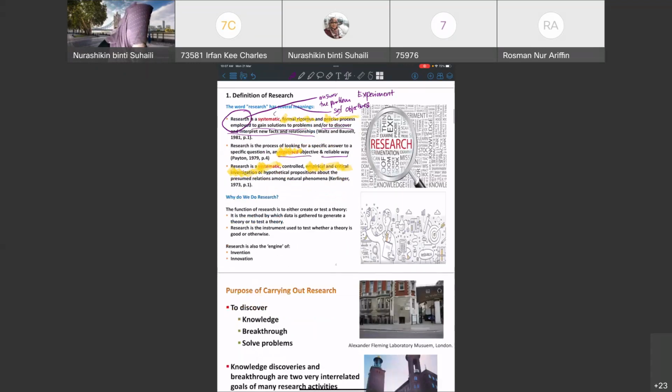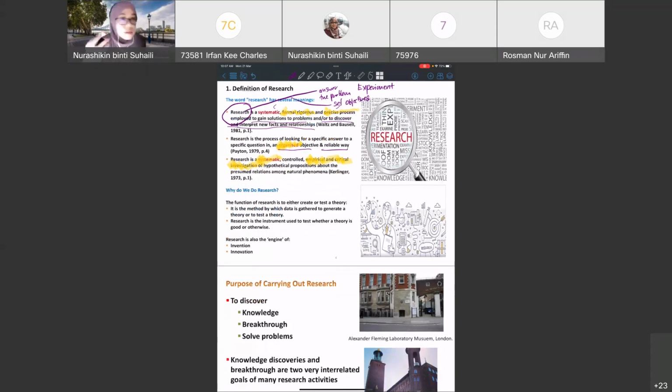Okay, why do we do research? Of course, we want to generate theory, to test a theory, to generate more knowledge. Okay, kalau tak ada research, tak ada new information kan. Kalau let's say orang tak buat research pasal vaccine, so we do not know how to create vaccine. I mean, it's based on research. It's based on continuous research by the scientists, by the researchers.